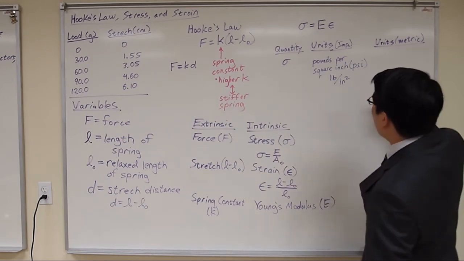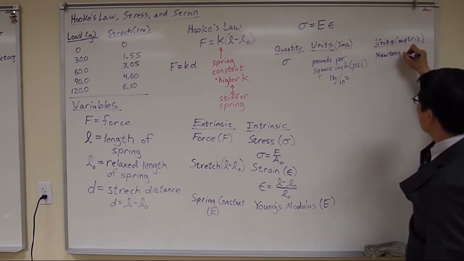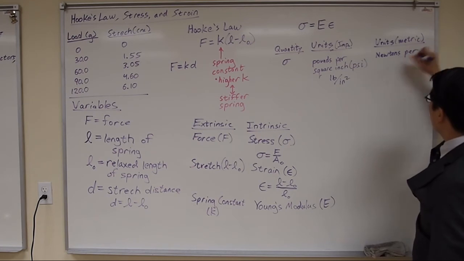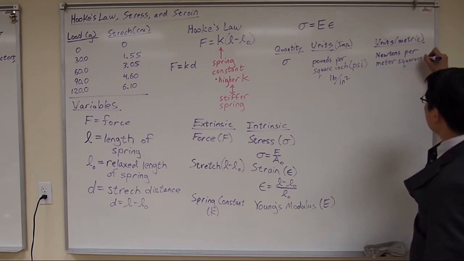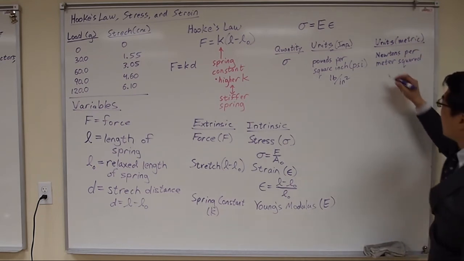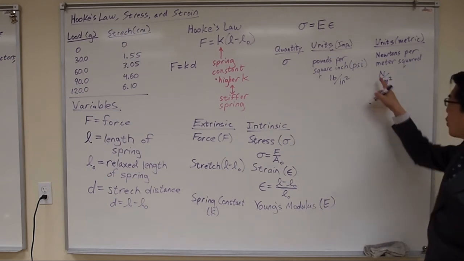So let's not get that too confused. But the units are newtons per meter squared. The abbreviation for Newton is capital N, and then the abbreviation for meter squared is m squared.